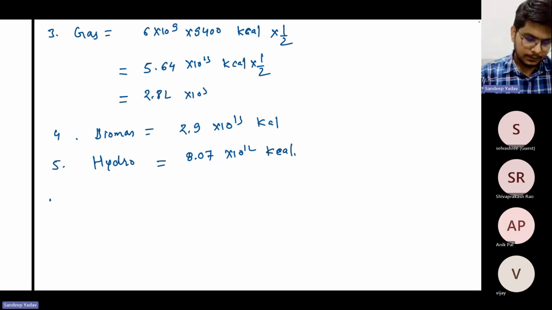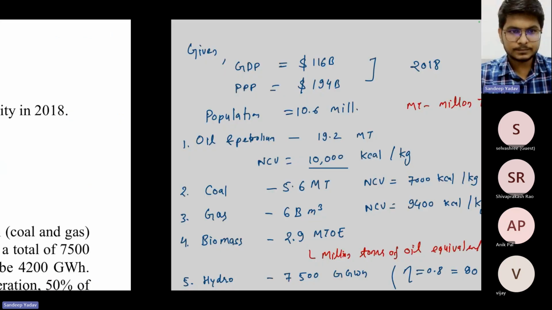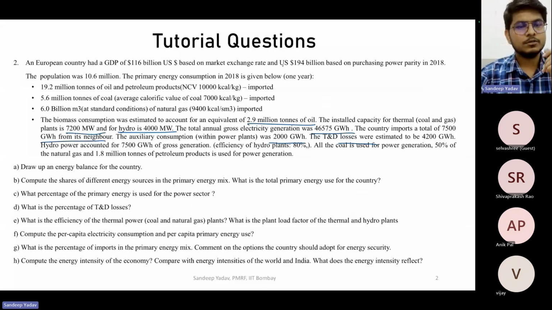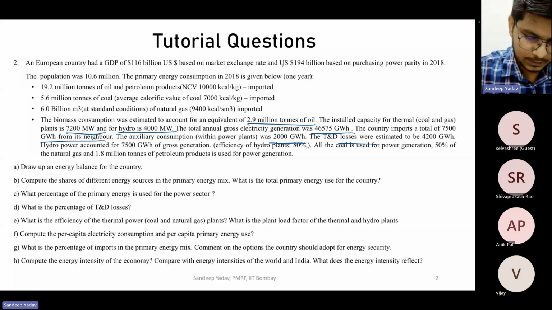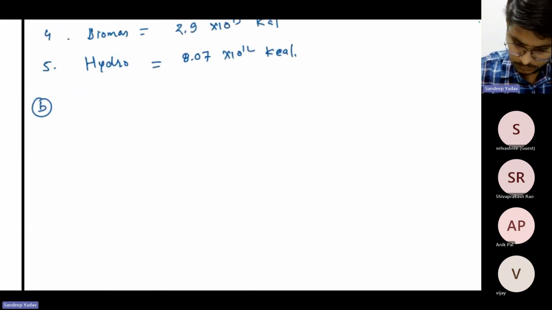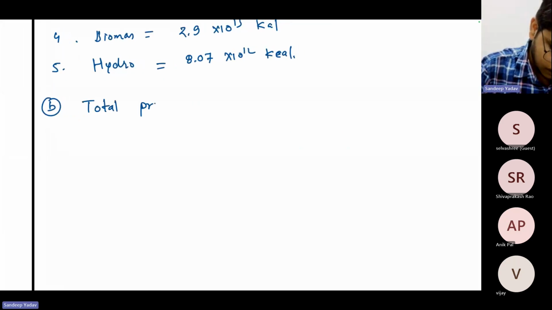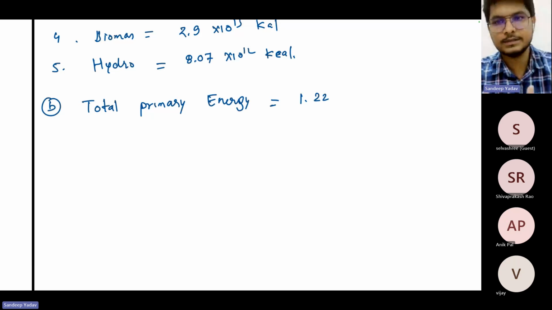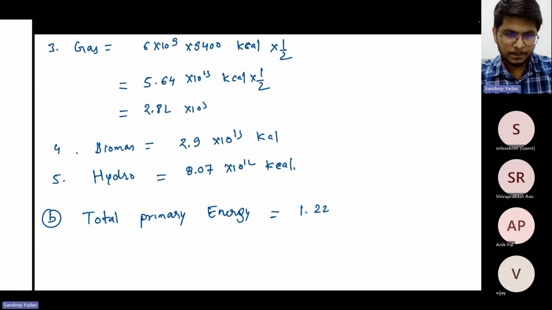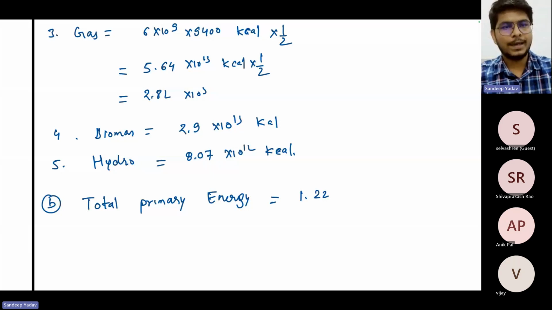The second thing the question asks is what percentage of primary energy is used for the power sector. So the total primary energy is the sum of all the energies that we have calculated, from petroleum, coal, gas, biomass, and hydro.